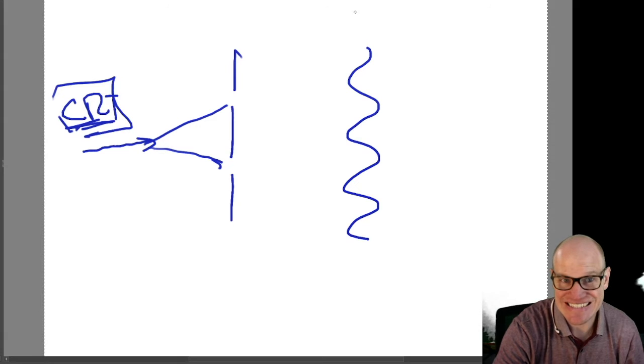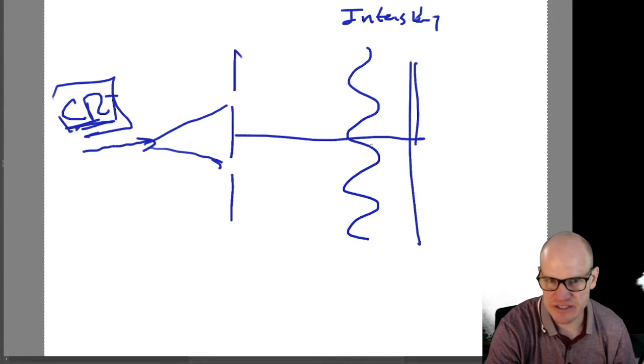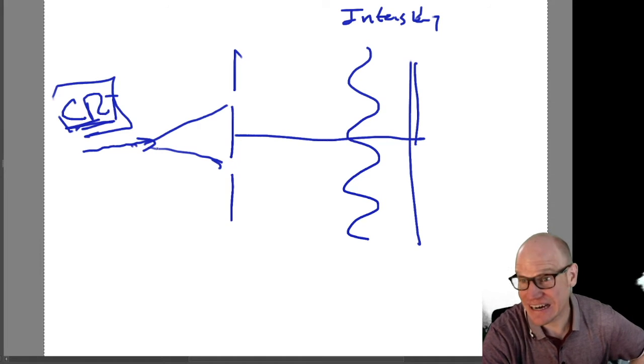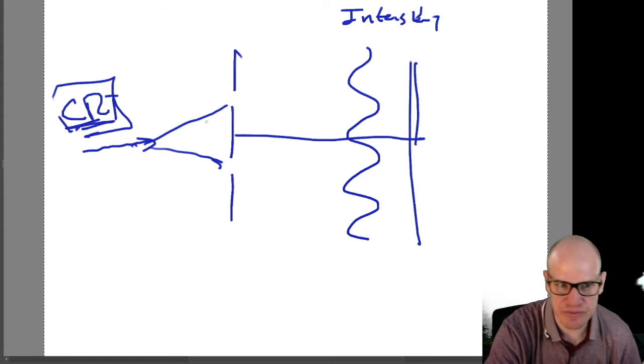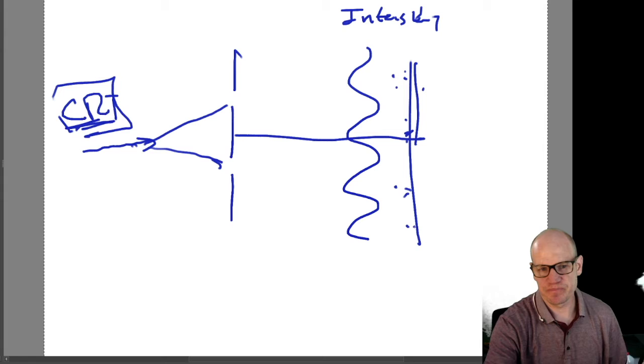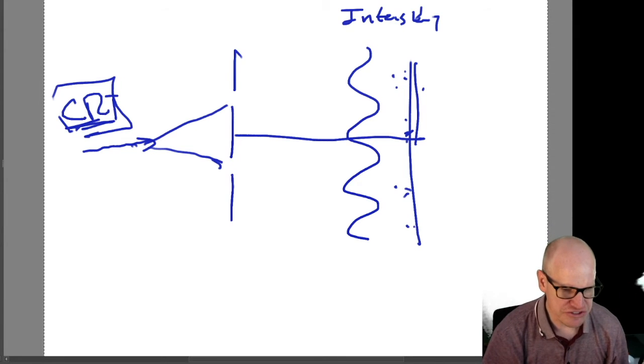This is the intensity as a function of position on a screen, and you're going to get bright bands and dark bands. You can send electrons one at a time through these slits, and they'll populate some regions of your detector and not populate others. It's quite strange to look at.